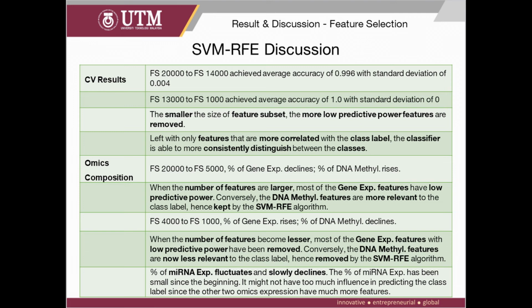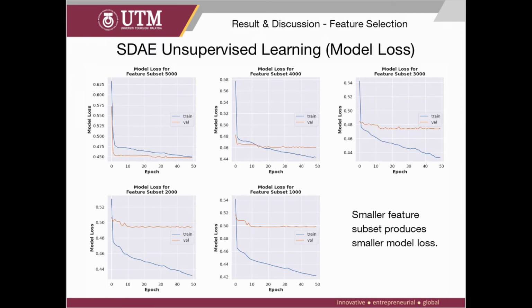Conversely, the DNA methylation features are now less relevant to the class label, hence removed by the SVM-RFE. mRNA expression, on the other hand, seems to have little influence in class prediction, as the other two omics expressions have much more features. Moving on, we will look at the result from the SDAE model.